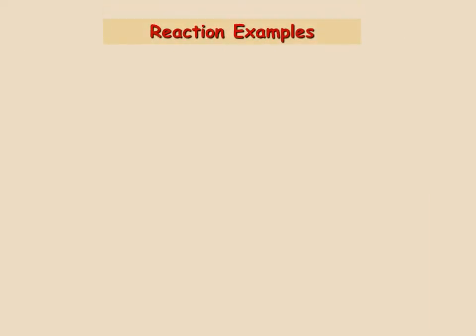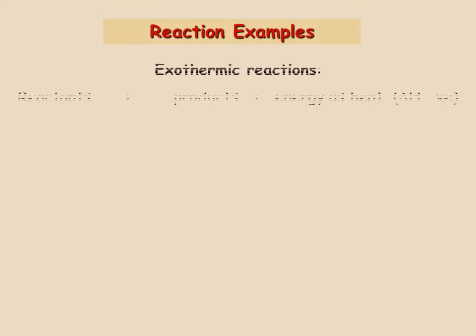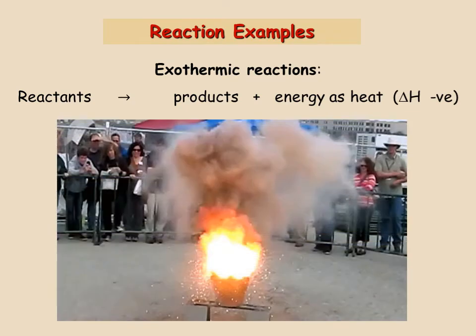Reaction examples you have already seen, but we will have another look at them. In exothermic reactions, reactants produce products and energy is released as heat, so delta H is negative. Here is another example we have seen before: something is burning and a lot of smoke is evolved, which means a lot of heat energy is released.